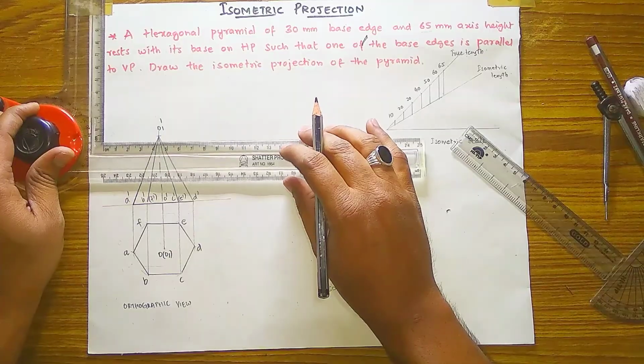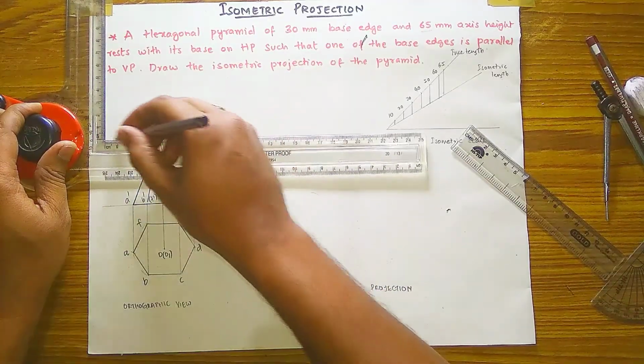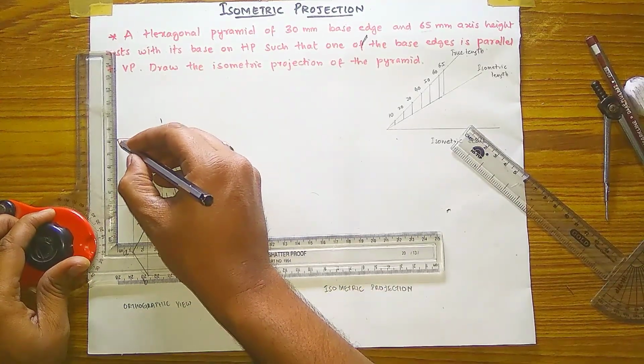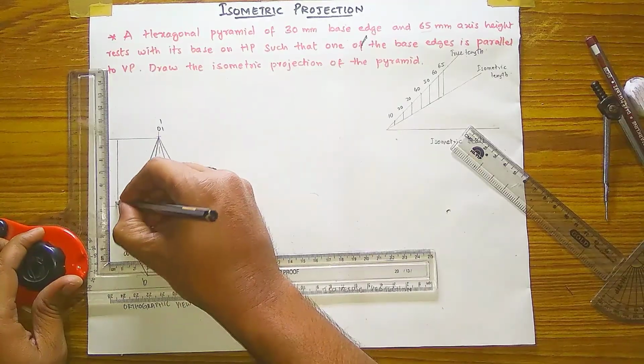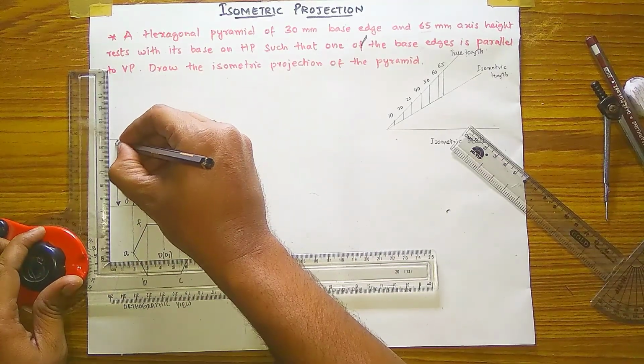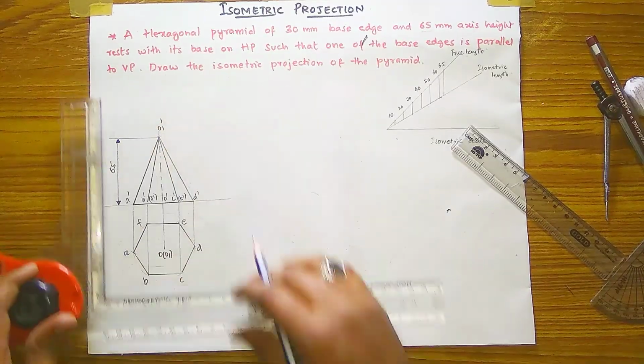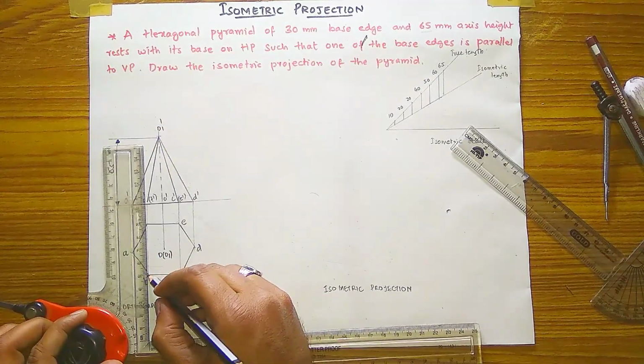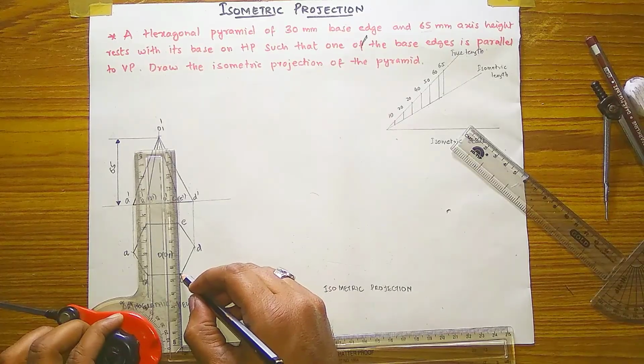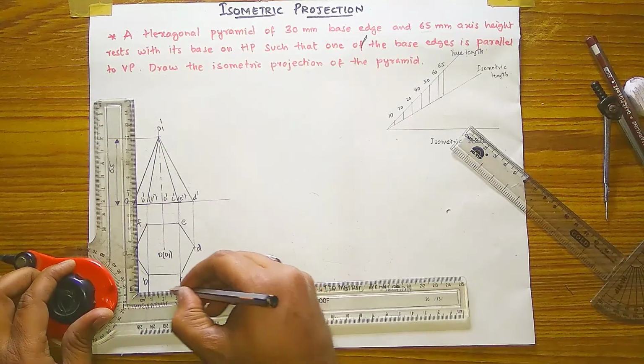Now you have to show the dimensions of this pyramid like this. As in the question its axis height is 65 mm, write it as 65 mm, and also show the side of the hexagon as 30 mm.